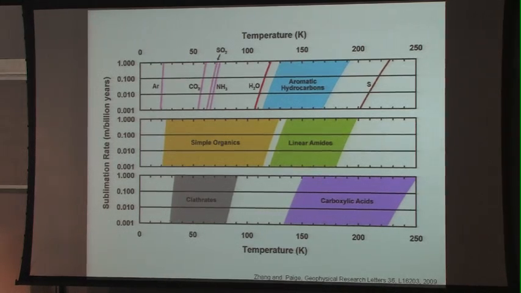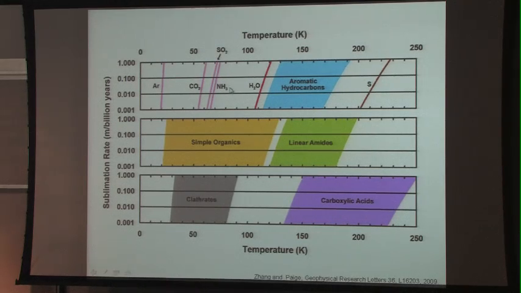But all these other volatiles, organic and inorganic, will also be stable at this temperature as long as their so-called volatility temperature, the temperature at which they'd sublimate a millimeter in a billion years, in other words stable over the life of the solar system, is higher.